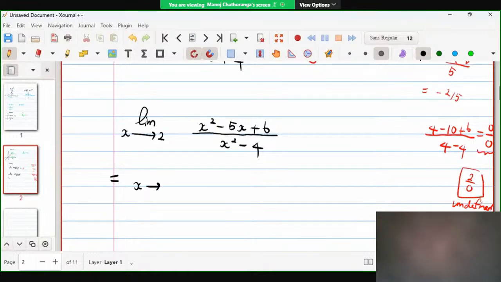So in this case, what we can do is factor this. Let's see whether we can factor this. Yes, we can. So x minus 2, x minus 3.